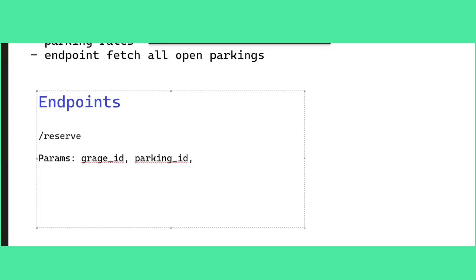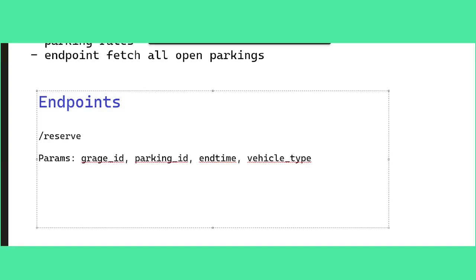Then we need to mention at what time this particular reservation should end. It will be mentioned by the user, so end time, and start time will be calculated at the time of reservation. And vehicle type, we can also mention vehicle type.